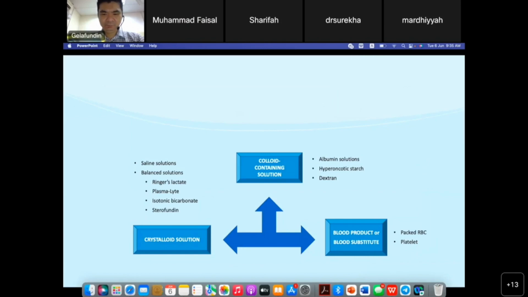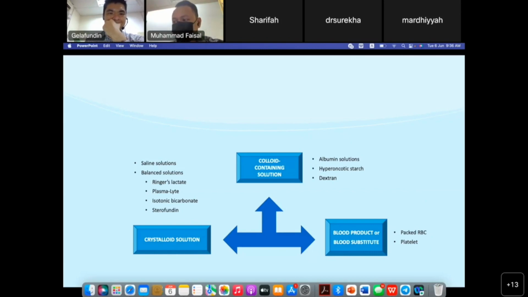For fluid resuscitation, basically we have three major components. One is crystalloid, such as the saline solution. The balanced solutions include Ringer's lactate or Hartmann, Plasma-Lyte, isotonic bicarb, and Serofundin. Some EDs have Serofundin, but some EDs don't have Serofundin, because Serofundin is a bit expensive.